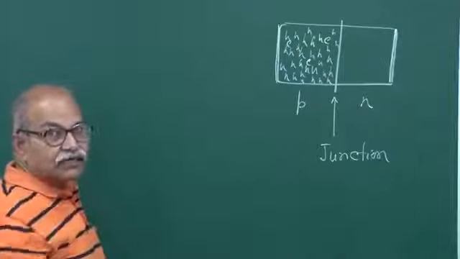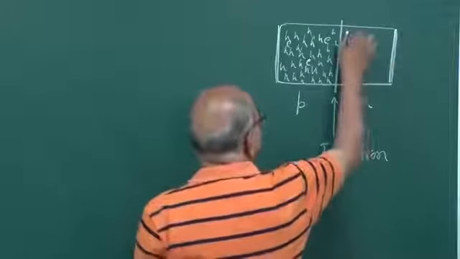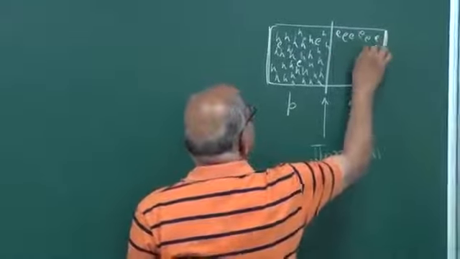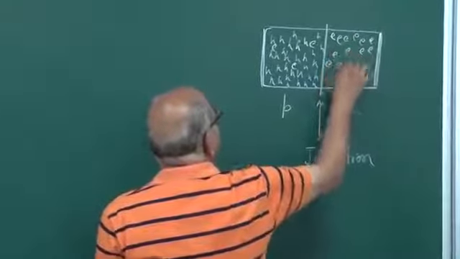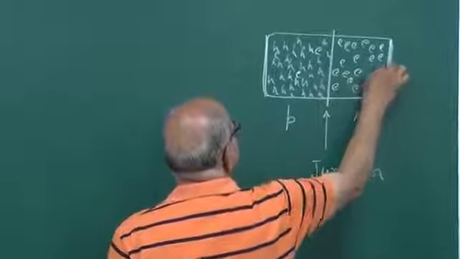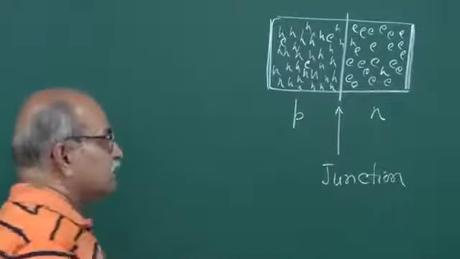The opposite is on the other side, on the n side, the n-type semiconductor. Here you have a large number of free electrons, because you have put in all those pentavalent impurities, and then you have some holes somewhere, minority carriers.